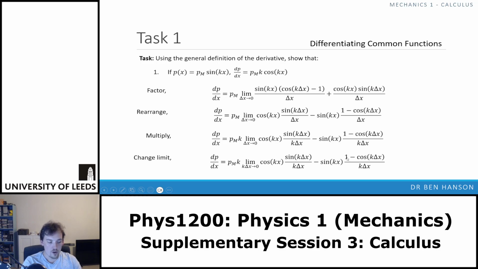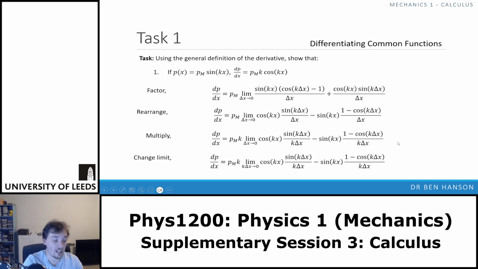Whereas 1 minus cos k delta x on k delta x, well, let's think about what cos k delta x does as that k delta x gets closer and closer to 0. Cos is going to go to 1. 1 minus 1 is 0. 0 divided by 0. This one actually decays towards the value of 0.